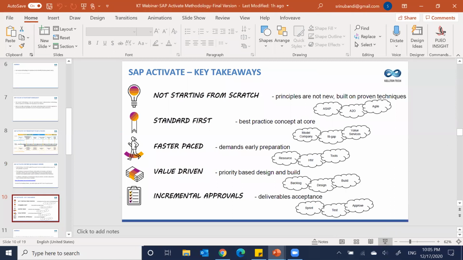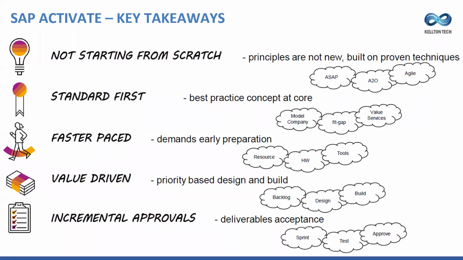The key takeaways from the SAP Activate point of view is that it's not a starting point, Activate. Activate has picked up from ASAP methodology and Agile methodologies, and it has brought in all the best practices that can be used. And Activate is growing every quarter.